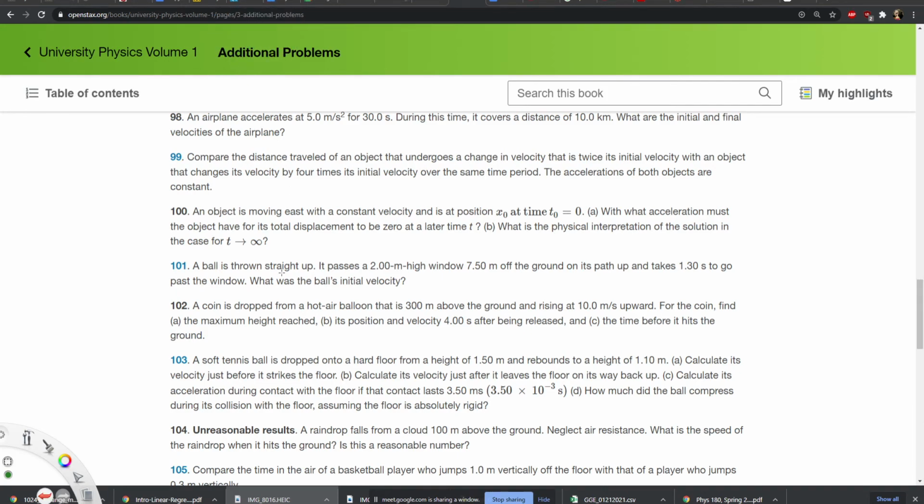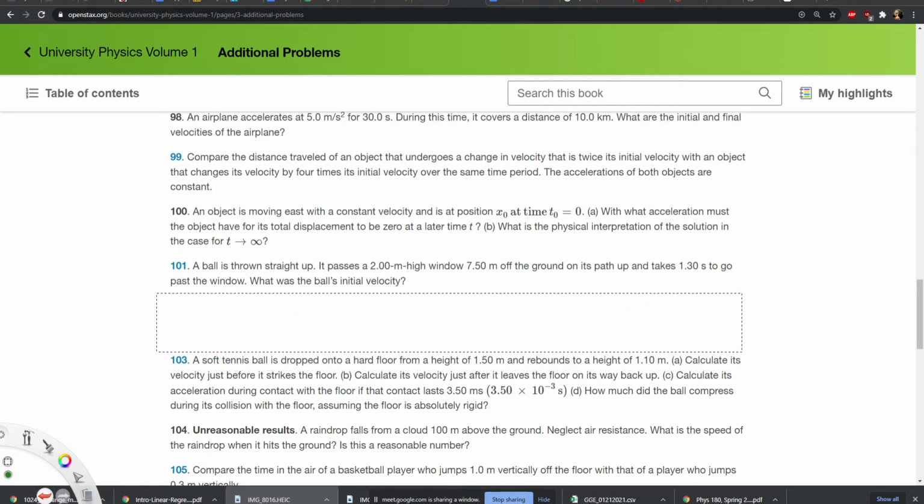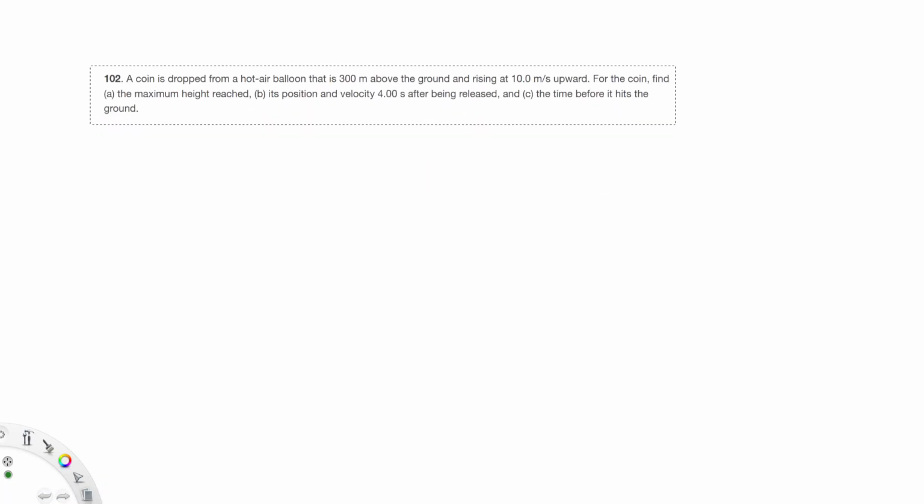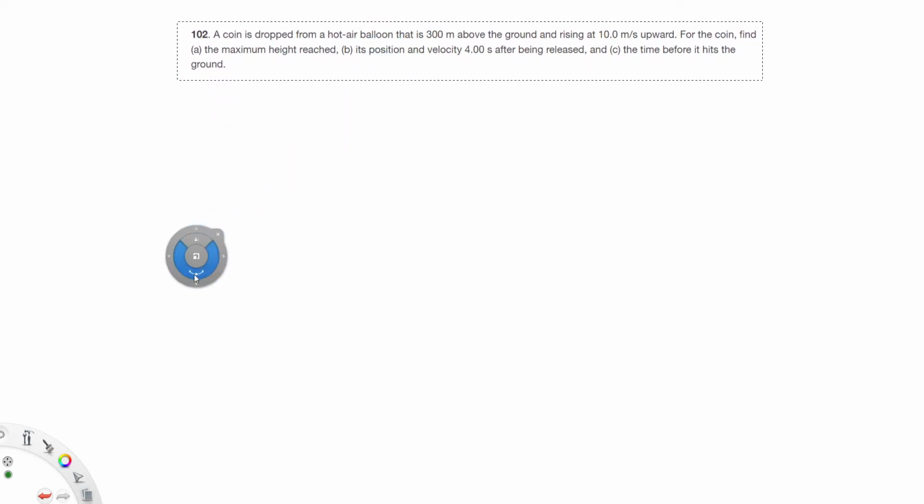Once again, this is from the additional problems section. So you're taking a hot air balloon ride, and like an irresponsible passenger, you chuck a coin off when you're 300 meters up. Hopefully there is nobody directly underneath you.